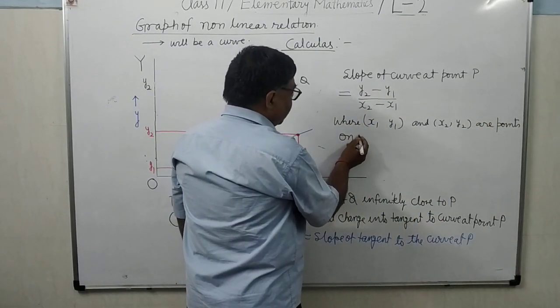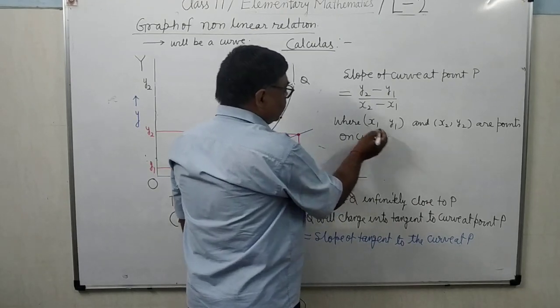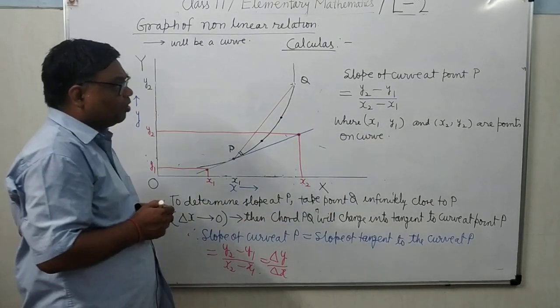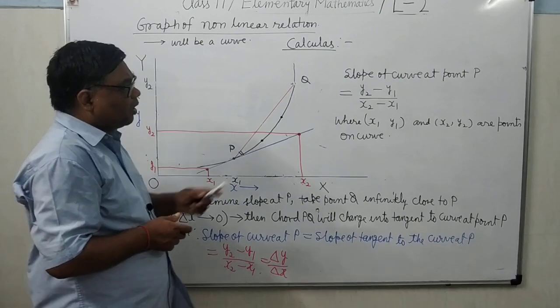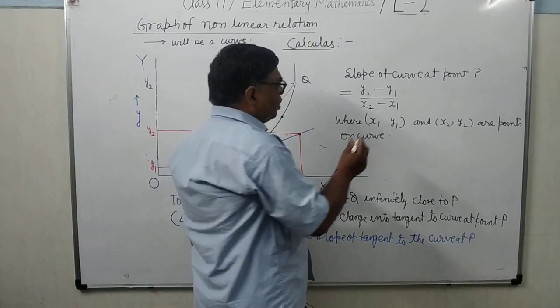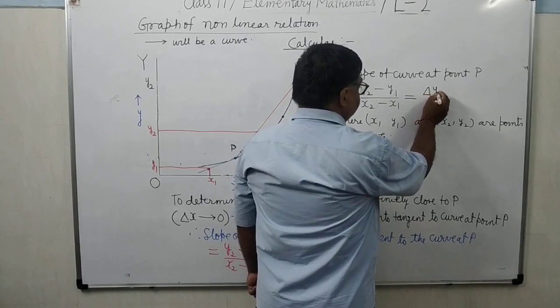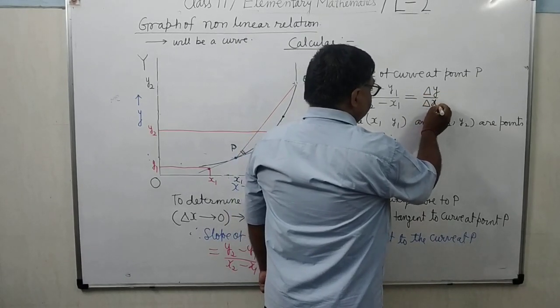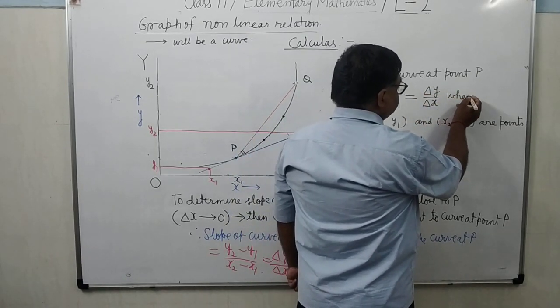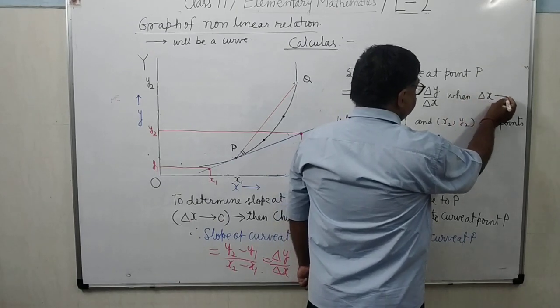Points on the curve, not on the tangent. Here these points are on the curve. It's clear. y2 minus y1 upon x2 minus x1, or delta y upon delta x, when delta x is tending to 0.